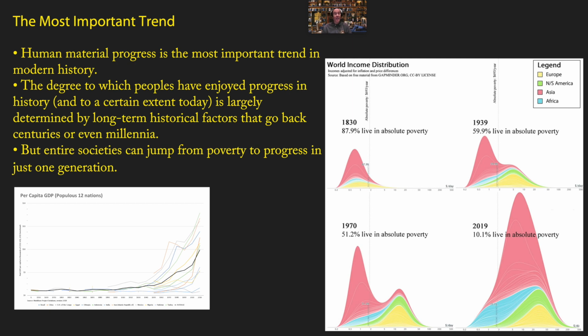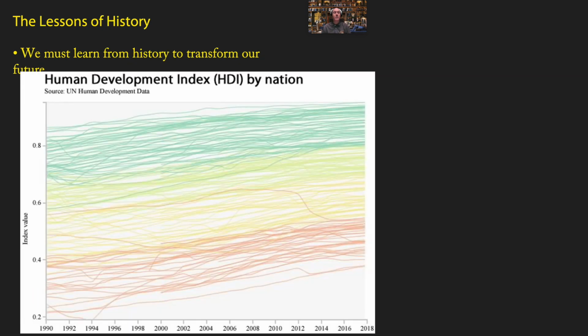But on the other hand, we clearly know that entire societies can jump from poverty to progress in just one generation. It's happened many times before in the past, so we have to balance two opposites. We have long-term historical factors on one side that keep things the way they are, but we also know that societies can change things. We have to explain both sides. We must learn from history to transform our future.